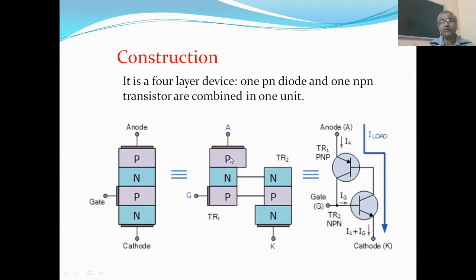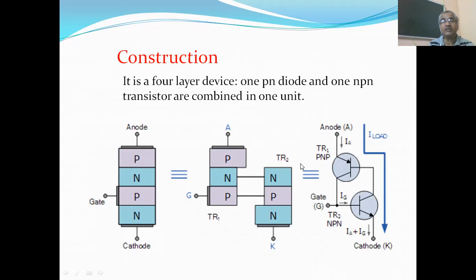So the base of the PNP transistor is the collector of the NPN transistor, and the base of the NPN transistor is the collector of the PNP transistor. This is the emitter of this PNP transistor. So the emitter of the PNP transistor is called the anode, and the emitter of the NPN transistor is called the cathode.